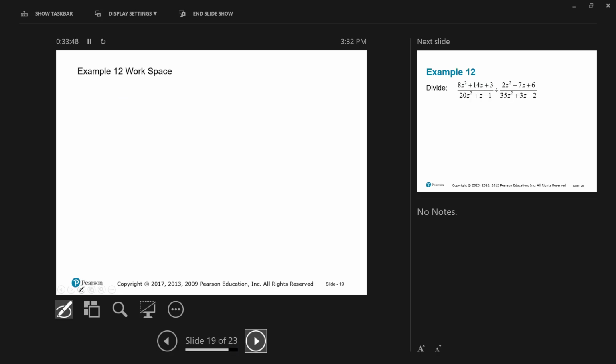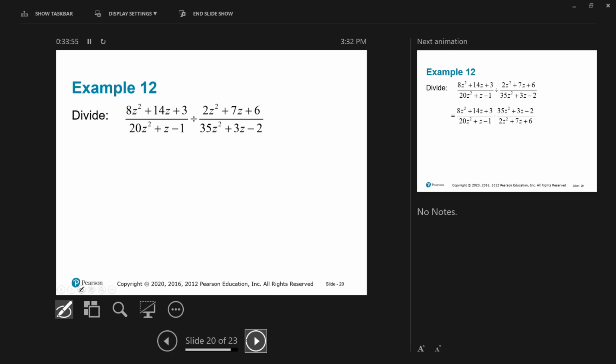Okay, so example number 12. Let's take a look. Wow, that's a fun looking problem, isn't it? So, here we go. We clearly have to make it a multiplication problem, which is the very first step you should always do when you have a division problem.